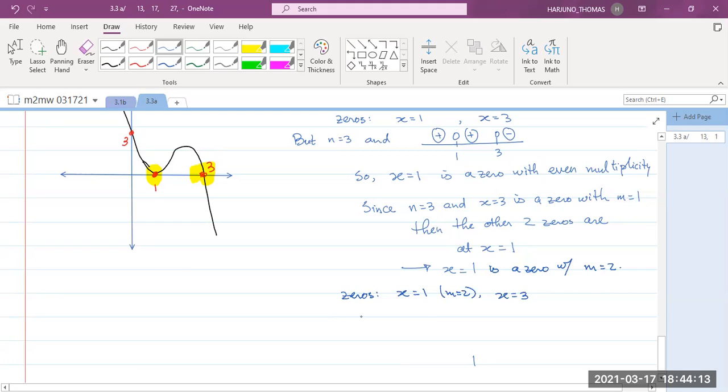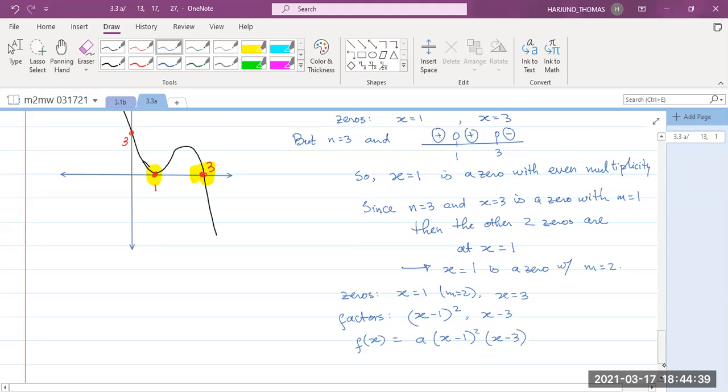Therefore, our factors are x minus 1 squared, right? And then x minus 3. Therefore, our f(x) must be a times (x minus 1) squared times (x minus 3).